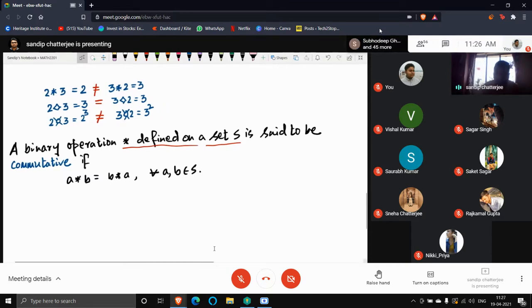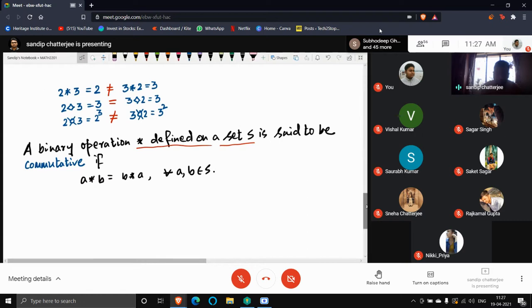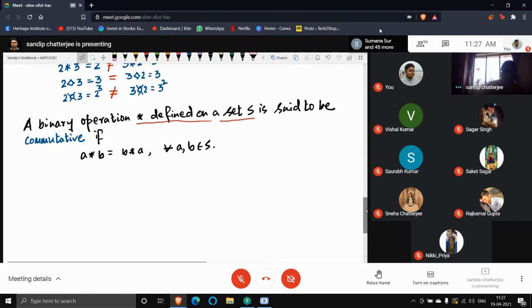Achha, apart from these numbers, say my set is the set of all square matrices. Now we have read two operations, say matrix addition and matrix multiplication. What can we say about them?